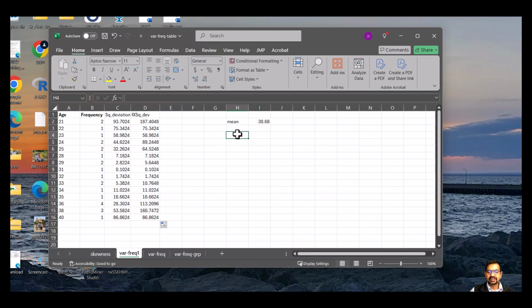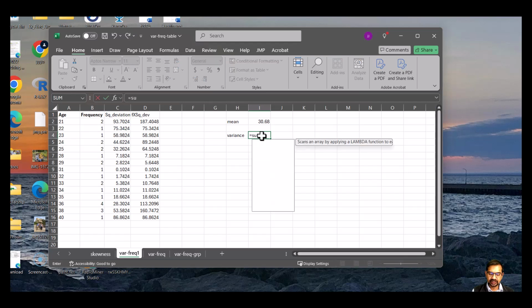Then our variance is essentially our sum of squared deviations, so we can do the sum here, divided by our n minus 1. So to get my n, I first have to take the sum of my observations.